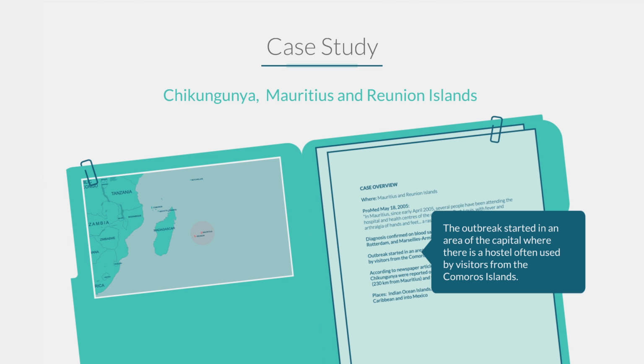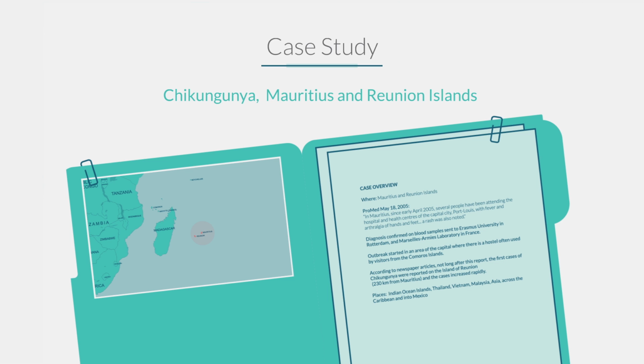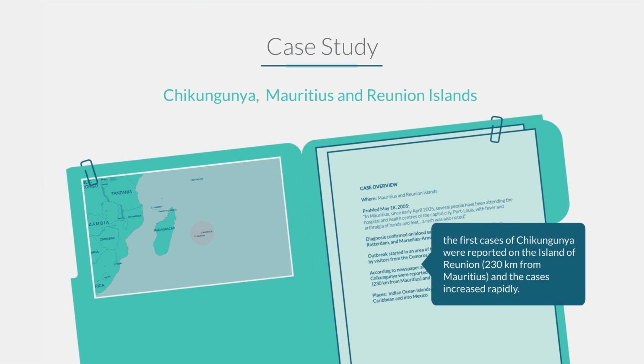The outbreak started in an area of the capital where there is a hostel often used by visitors from the Comoros Islands. According to newspaper articles, not long after this report, the first cases of chikungunya were reported on the island of Reunion, 230 kilometers from Mauritius, and the cases increased rapidly.